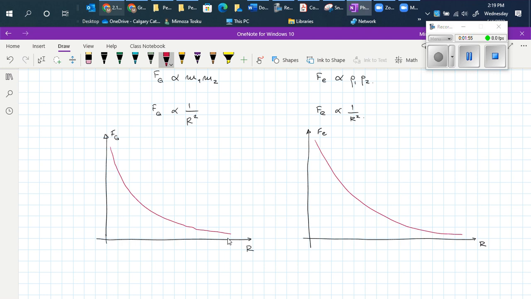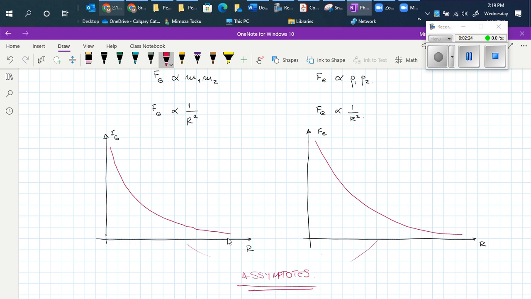And this is a graph in which both axes, the vertical axis and the horizontal axis, are asymptotes. Asymptotes means that the graph goes very close to the line but never touches the line.